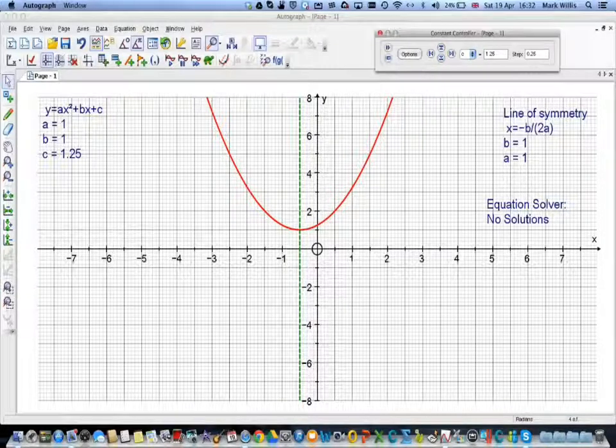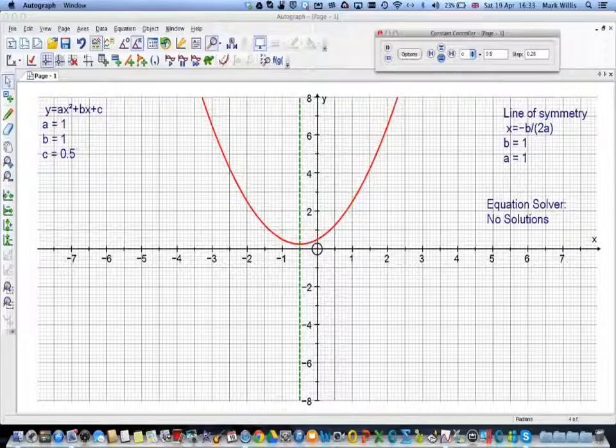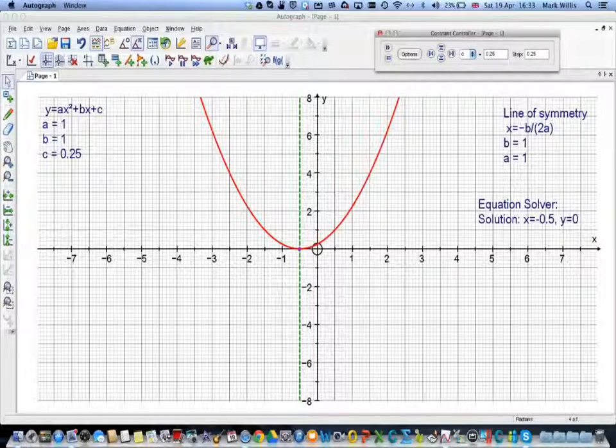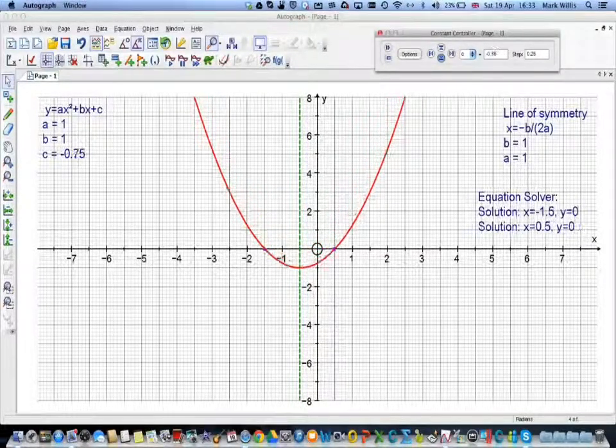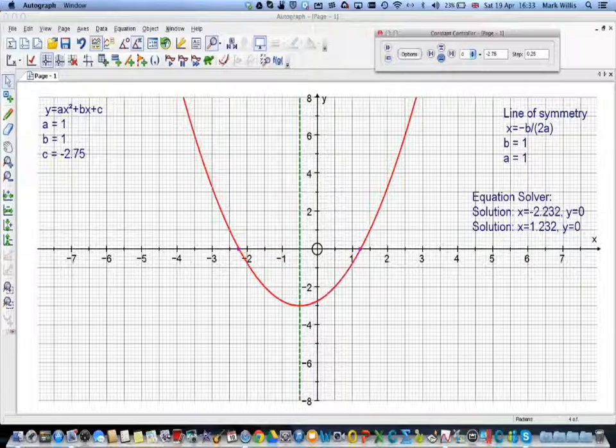So for a quadratic you can get no solutions. When you do higher level maths, you'll do a subject called complex numbers, and that is the case where you get two complex roots or two complex solutions. You can either have one root, or you can have two roots.